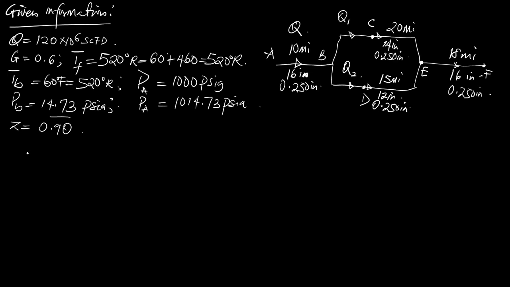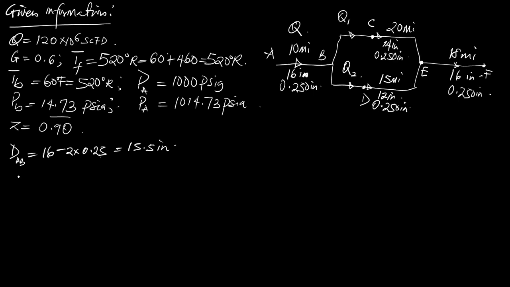So now the internal diameter of the pipe, let's say at AB, will be the nominal pipe size, which is 16, minus 2 times the thickness, which is 0.25. So 2 times this is 0.5, 16 minus this, you have 15.5 inches.